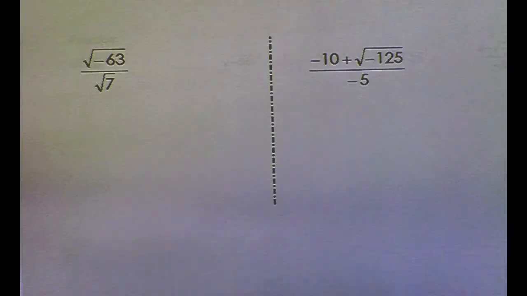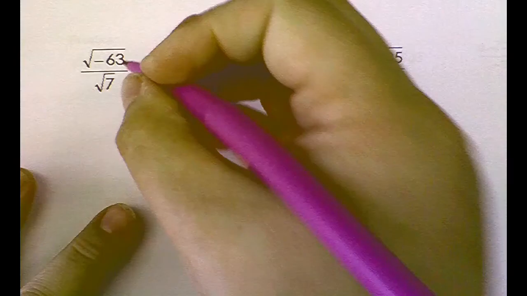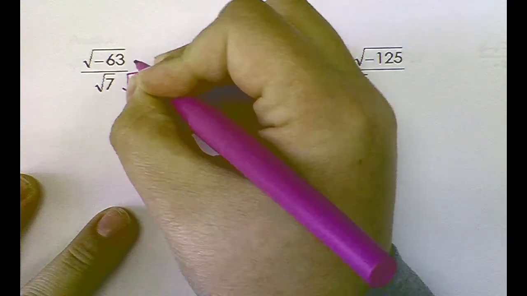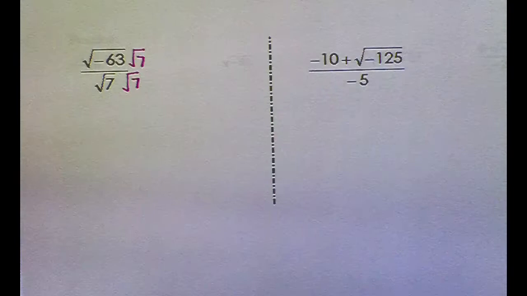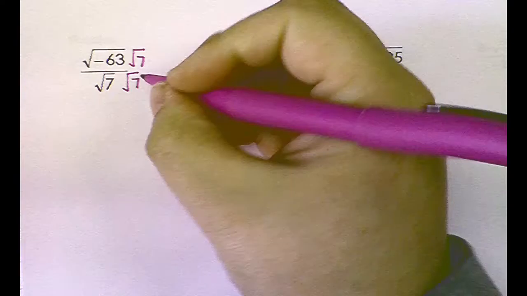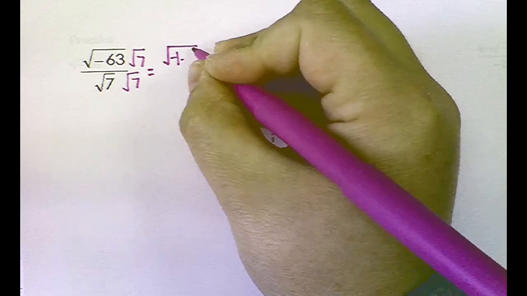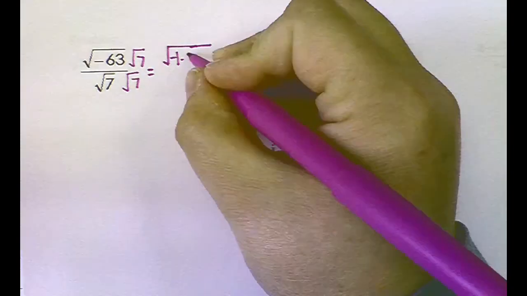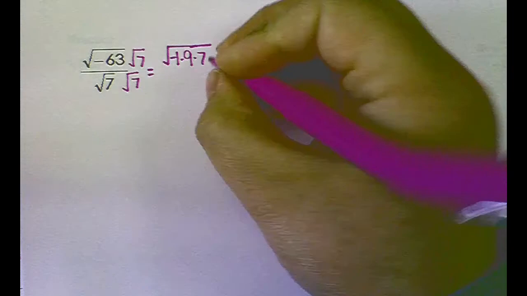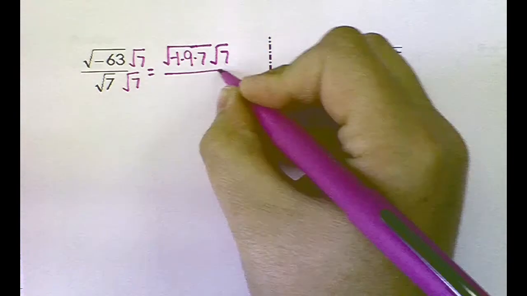All right, then we don't like square roots in the denominator, so to get rid of a square root in the denominator, we multiply it up. But I also now have some complicated stuff in the numerator. I have a -1 times, well, let's see, how could I break apart 63? 9 times 7, right? And I still have the square root of 7 in the top.